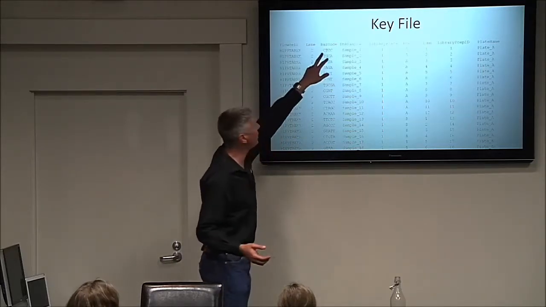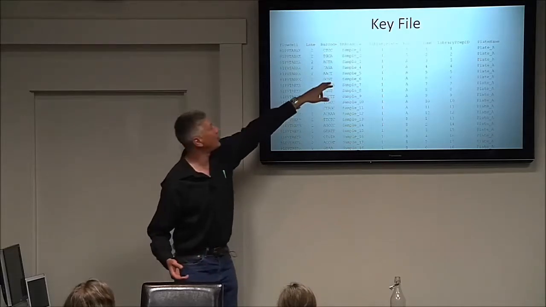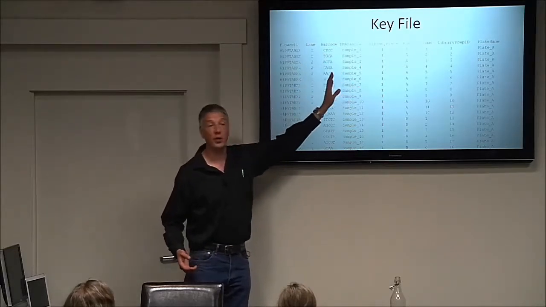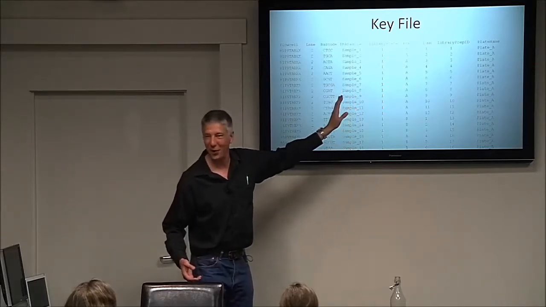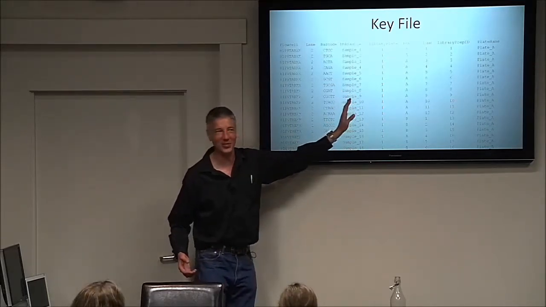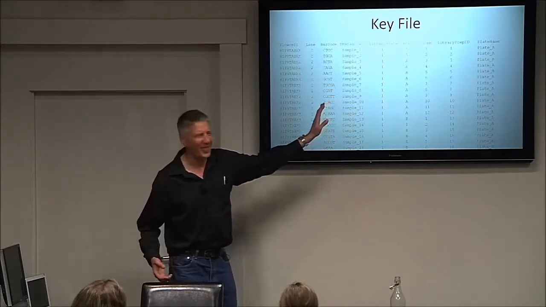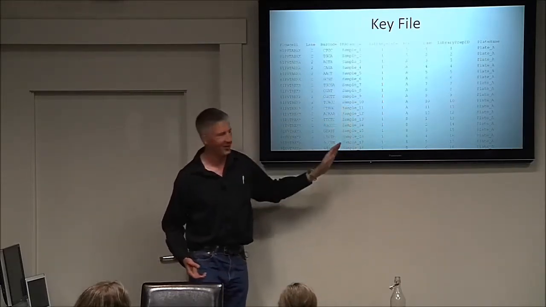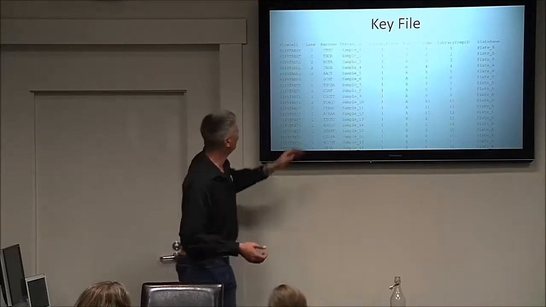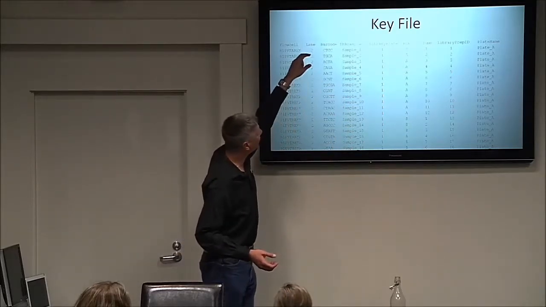So here's our barcode, right? Here's our sample name. And these are really poor sample names. You ever go in the fridge in the lab and it just says 1? That's really, really bad. So don't name your samples like this, okay? Name them something meaningful.